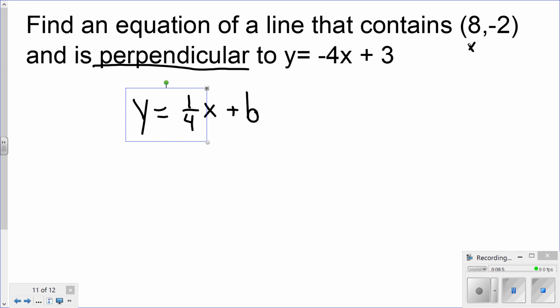So 8 is my x value, negative 2 is my y value. I plug 8 in for x, negative 2 in for y, I get negative 2 equals 1/4 of 8 plus b. 1/4 of 8 is 2.